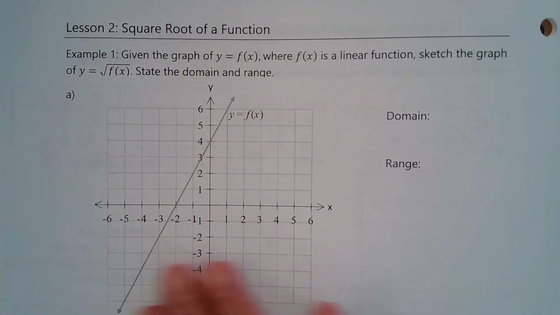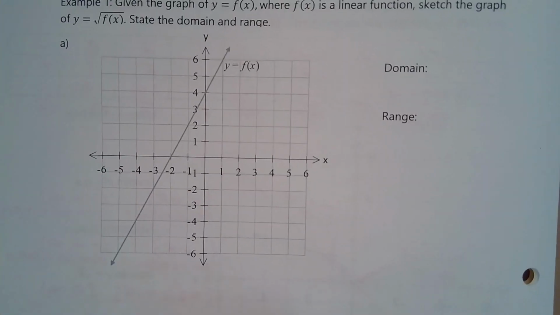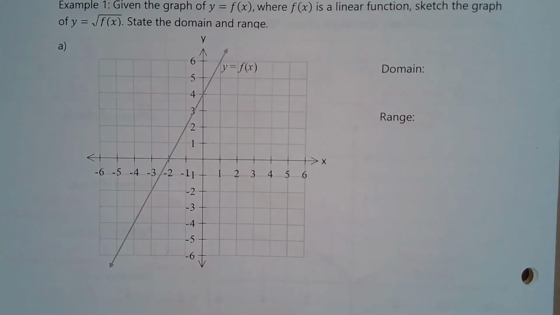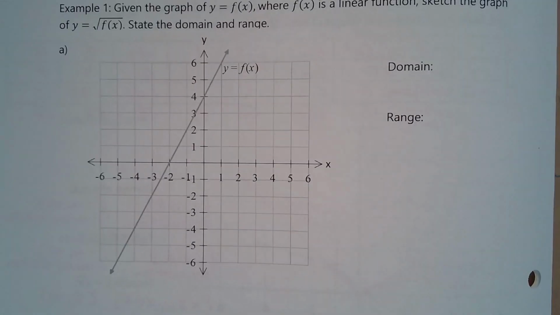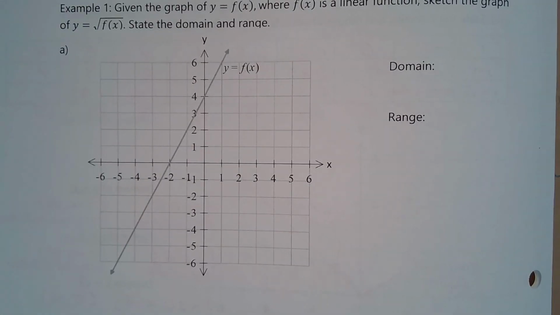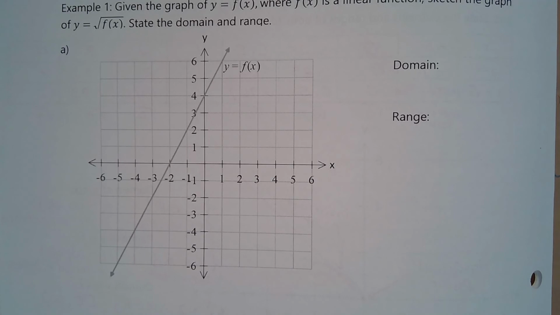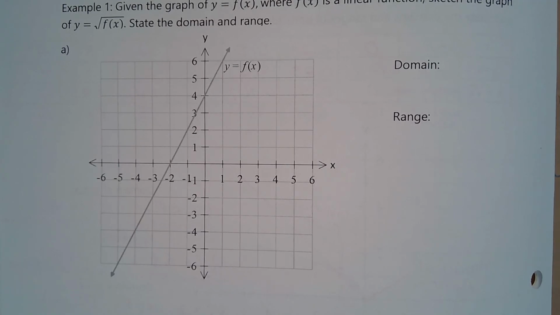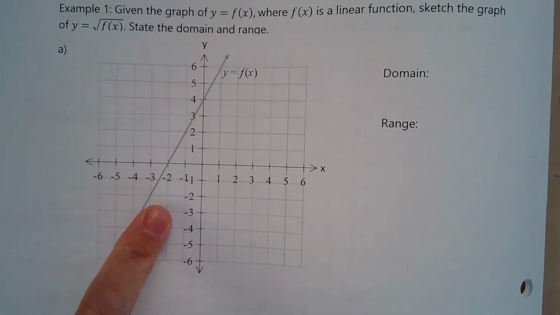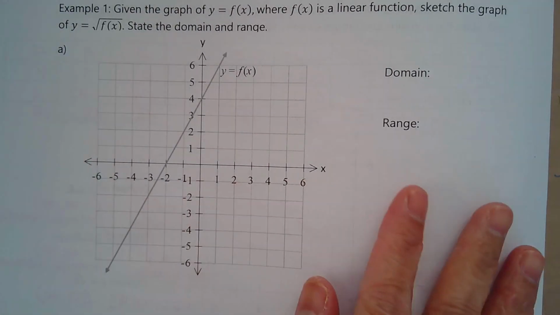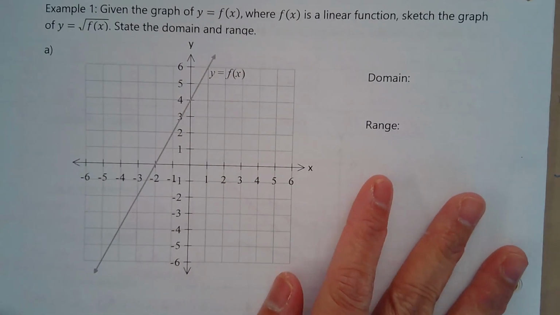So this is now the graph. We don't have an equation for that, but we could figure it out if we wanted to, because that's pretty simple, right? What's the equation of this line? What do you think the equation of the line is?